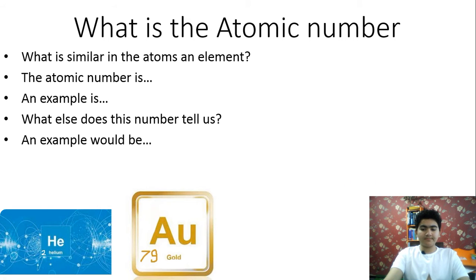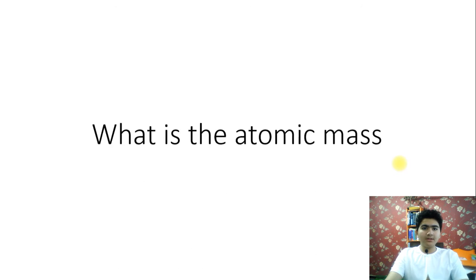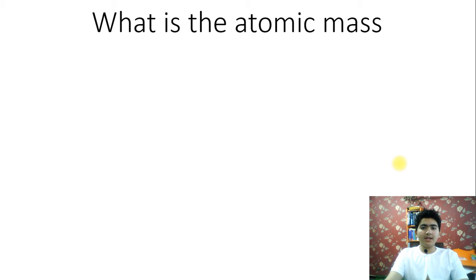And we can even calculate the number of neutrons from a second quantity called the mass number, which is the total number of neutrons and protons that are inside the atom's nucleus.